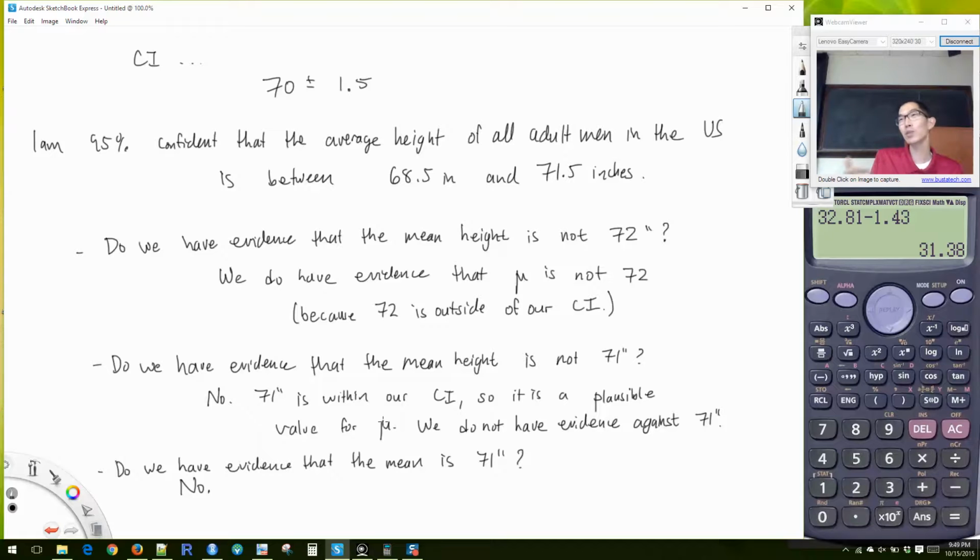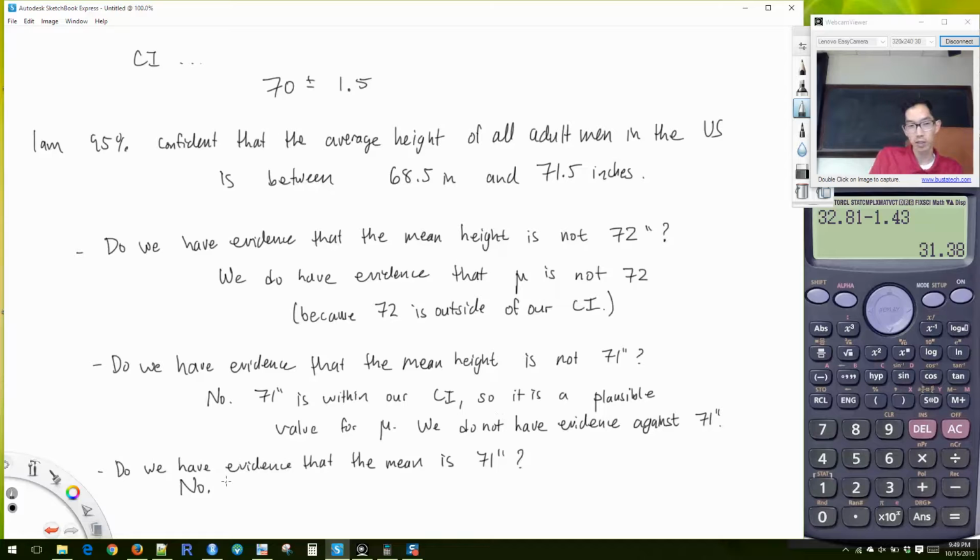The only way we can have evidence that the mean is 71 is if we look at the entire population, get the mean, and that mean is 71. All we can say is 71 is plausible, but that does not mean we have evidence that it is 71.